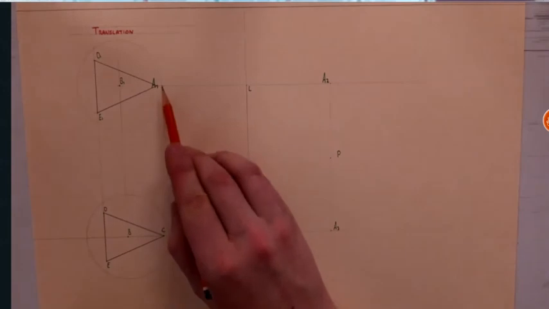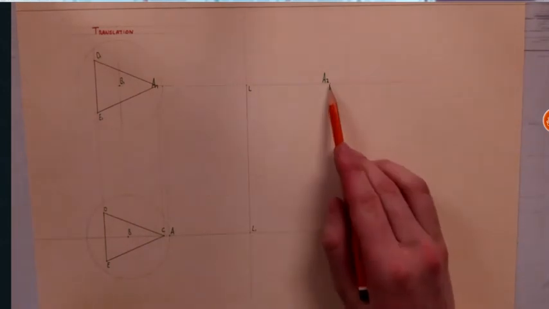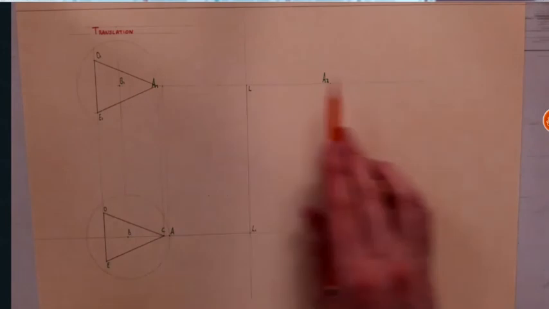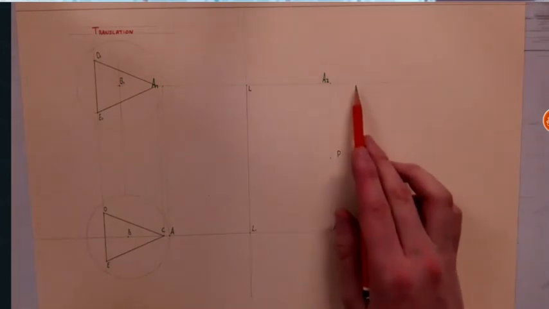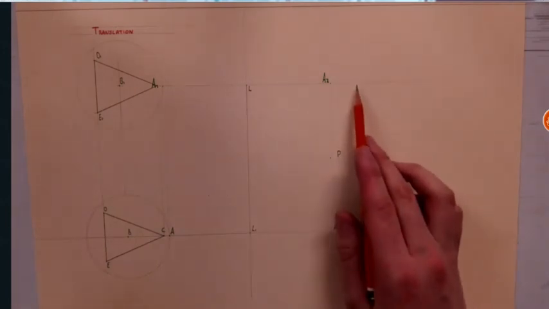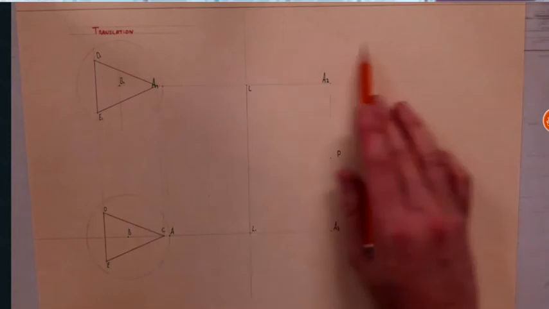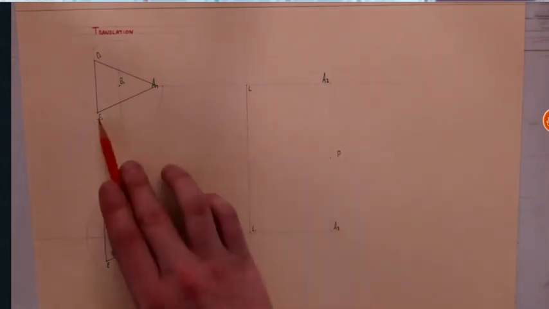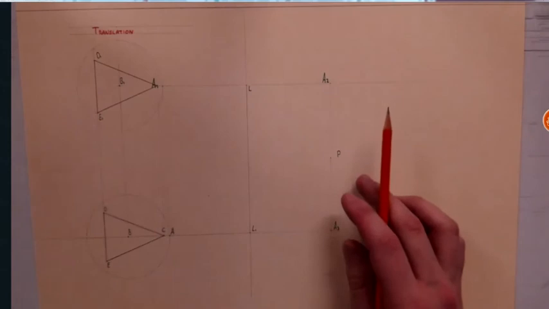Okay, so from point A to point A2 is a horizontal line, which means that from point B to point B2, which is going to be out here, is going to be a horizontal line as well. D1 to D2 over here is going to be a horizontal line, and also E1 to E2 is going to be a horizontal line.